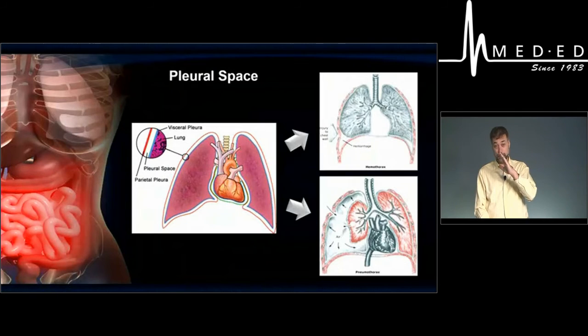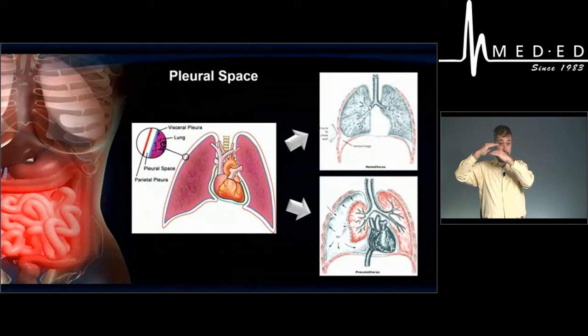There's one pleura that adheres to the lung surface. That's known as the visceral pleura, and on the picture, by the way, it's colored in blue. Above that is the second pleura, which adheres to the chest wall, and that's known as your parietal pleura. So you have the visceral pleura on the lung and the parietal pleura on the chest wall.